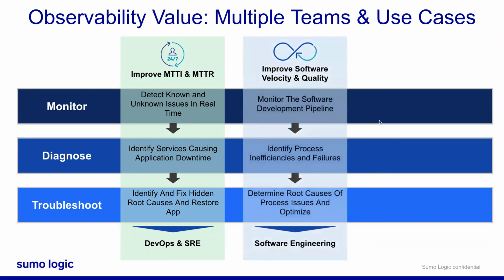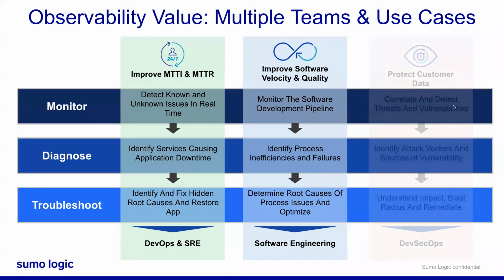Observability is going to help the software engineer on the team by providing visibility into the software pipeline. By collecting information about the software pipeline and identifying issues within the software delivery process, teams can improve the quality as well as the delivery of their application.